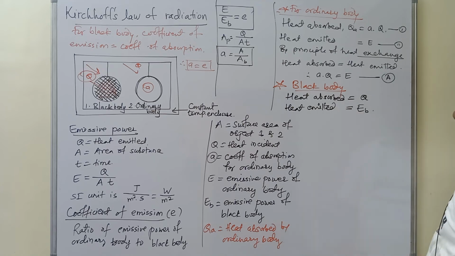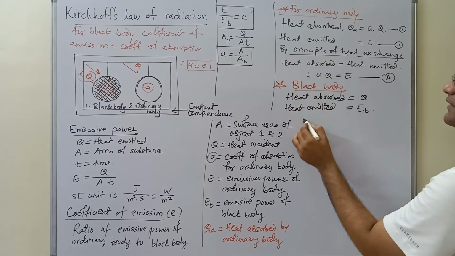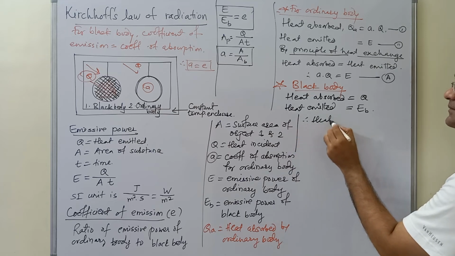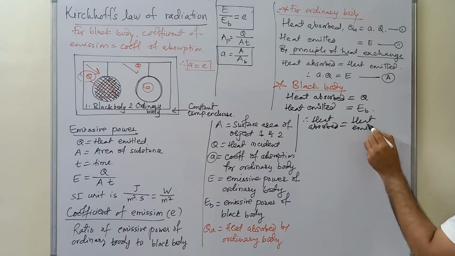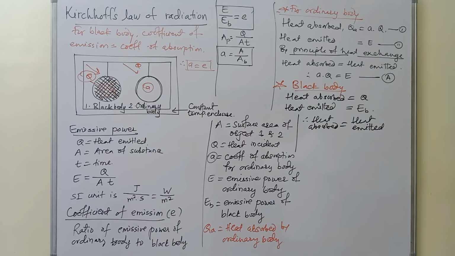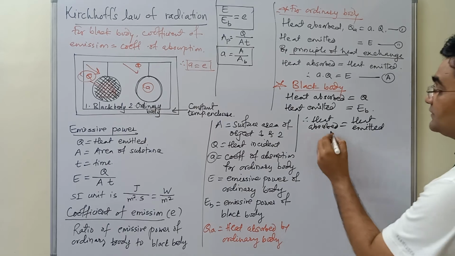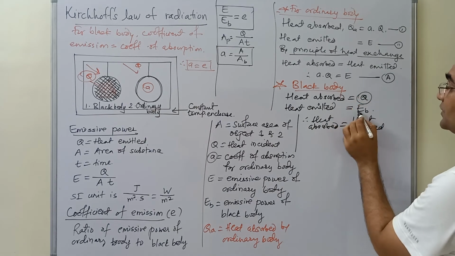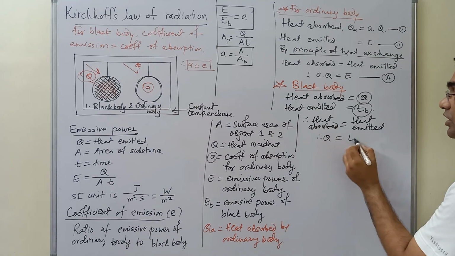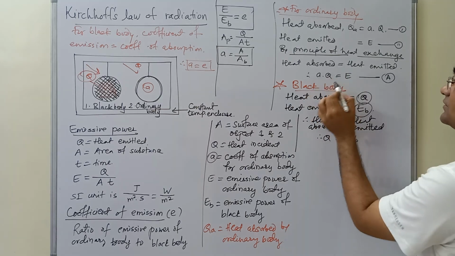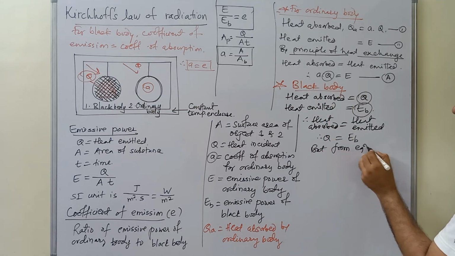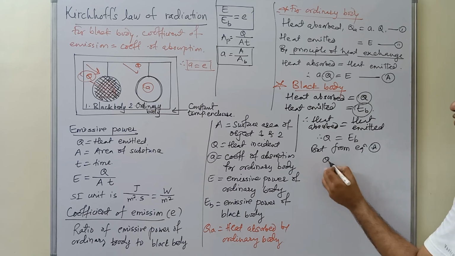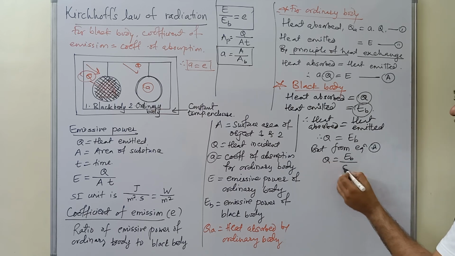It is EB. Again, by the principle of heat exchange, heat absorbed is equal to heat emitted, so Q is equal to EB. But from equation A, we get Q equal to E upon small a.